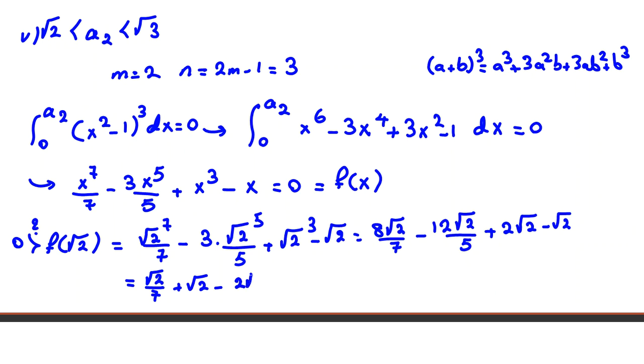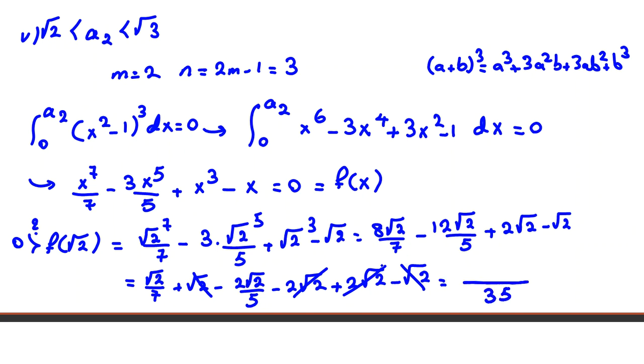Here I write 12 root 2 over 5 as 10 root 2 over 5 plus 2 root 2 over 5, which is 2 root 2 plus 2 root 2 over 5. Then plus 2 root 2 minus root 2. We can cancel this and this, minus root 2 plus root 2, and it will be 5 root 2 minus 14 root 2 over 35, negative 9 root 2 over 35.